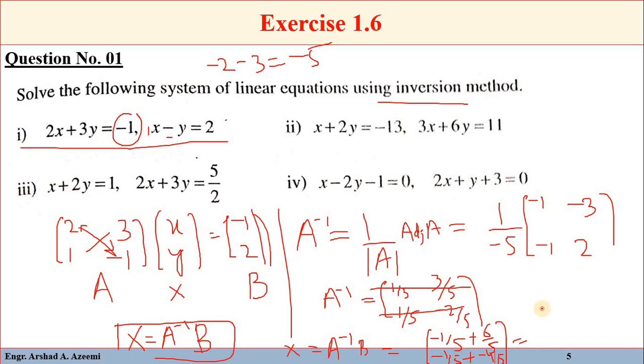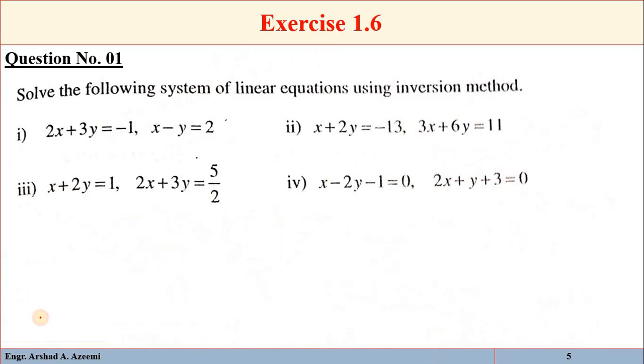When you simplify, -1 over 5 plus 6 over 5 is 5 by 5, which is 1. -1 over 5 plus -4 by 5 is -5 divided by 5, which is -1. So the X matrix is 1 and -1, which means the solution is x, y equal to 1 comma -1. That is the solution of the first question.